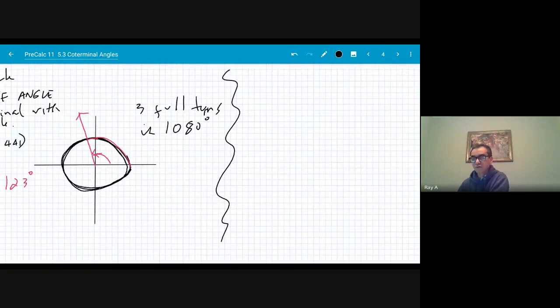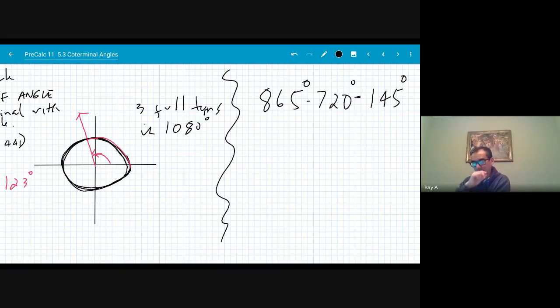With 865, that is not a principal angle. The principal angle will be less than 360. If you go one full turn, that is 360. If you go 2 full turns, that would be 720. If you go 3 full turns, that would be 1080, and that would be too much. Therefore, 865 degrees minus 720 degrees gives you 145 degrees, and there is your principal angle.